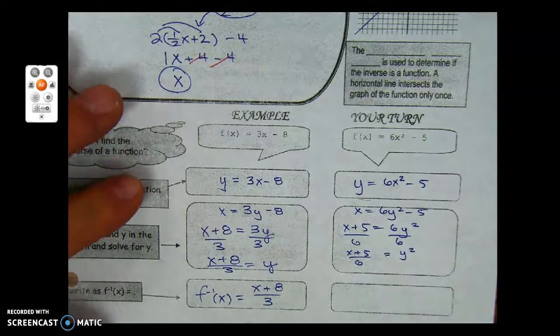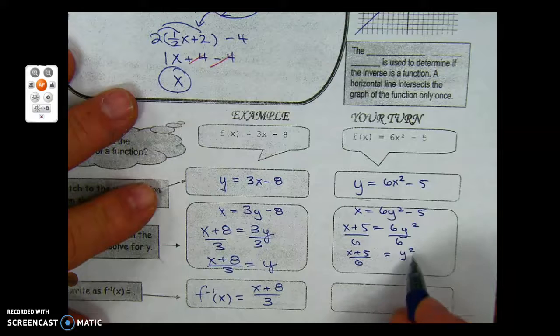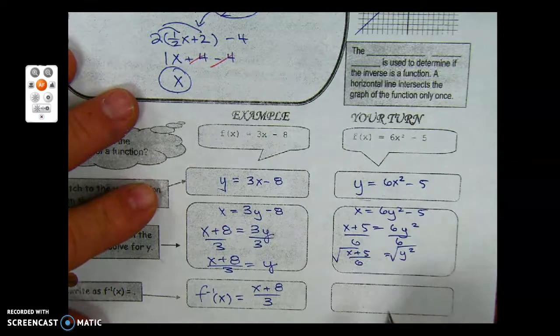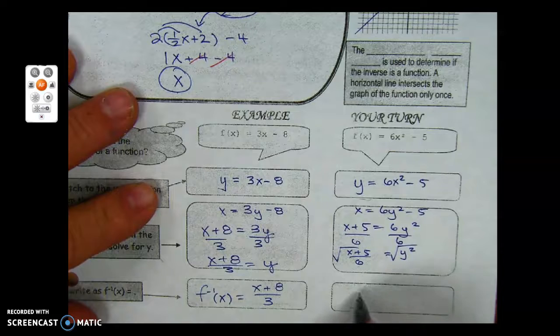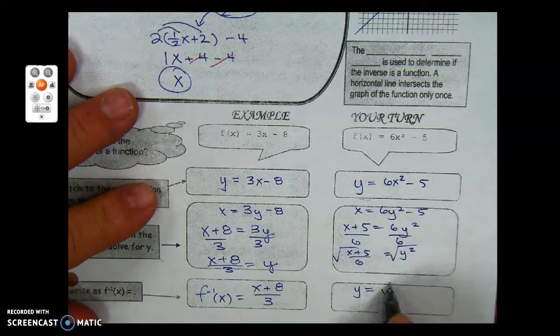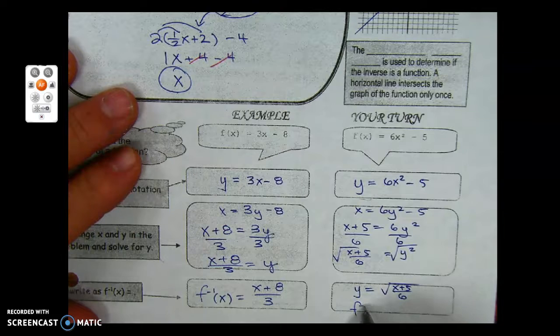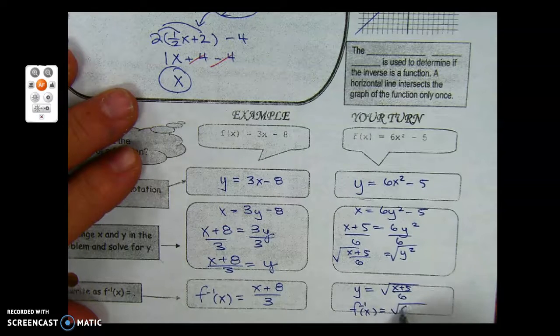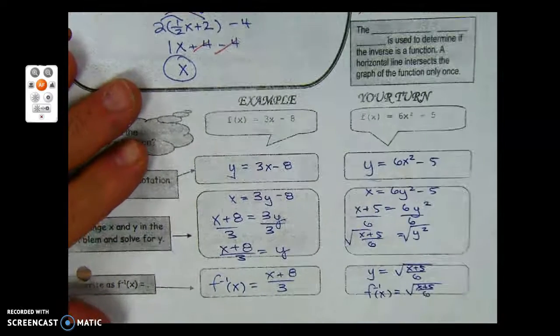Now this may blow your minds a little bit, but we do need to get rid of this exponent here. We do need to take the square root of both sides. So y is equal to the square root of x plus 5 over 6. So f inverse of x equals the square root of x plus 5 over 6. There you go.